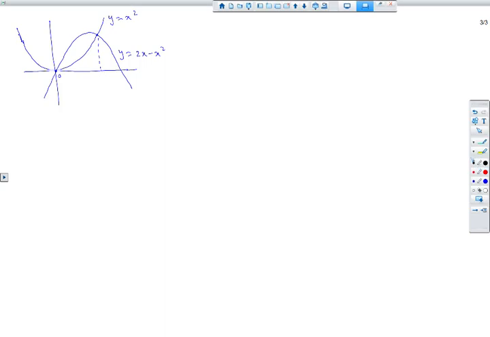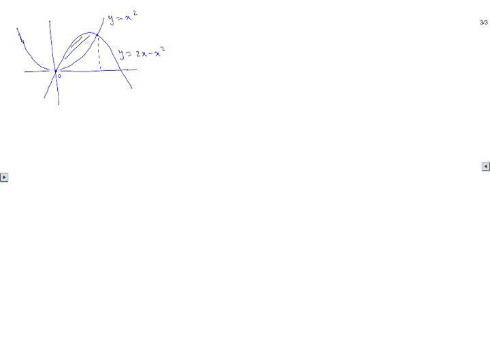Those are the two curves. This is y equal x squared, this is y equal 2x minus x squared, and this is 0 and this we don't know. So let's try to find out what the exact value is. So that's the area we are looking for.